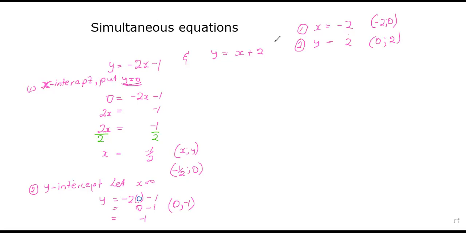And then let's plot the two and see what happens. When we name them, we label our function there.